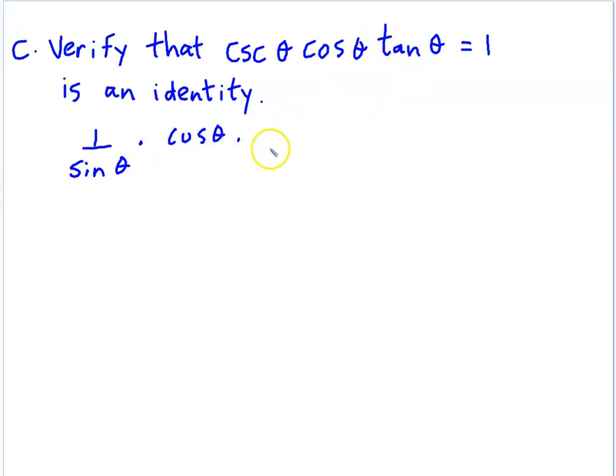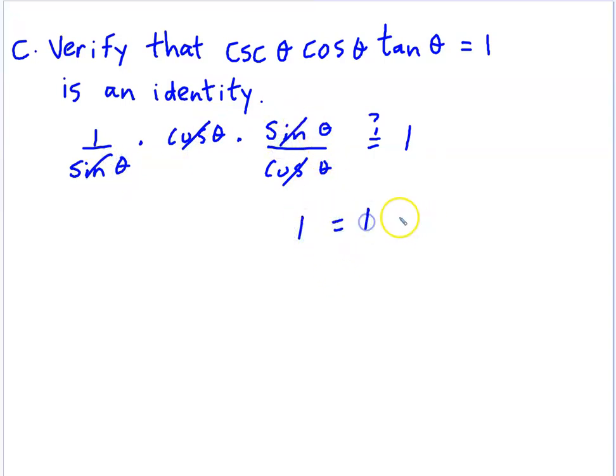And tangent is sine over cosine. And we want to, we're forcing or making the left side come out to be the right side. And since we're multiplying all these together, we can do some canceling. So those cancel. This one was pretty nice. So 1 equals 1, and we are done.